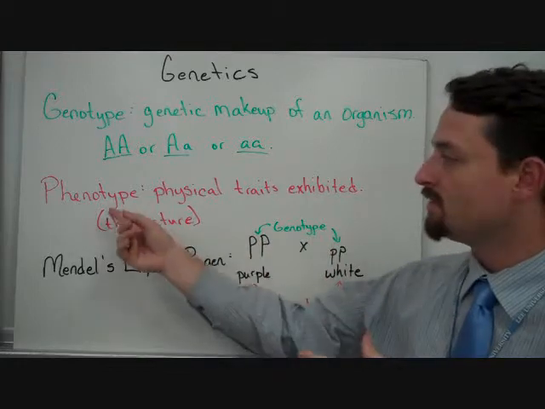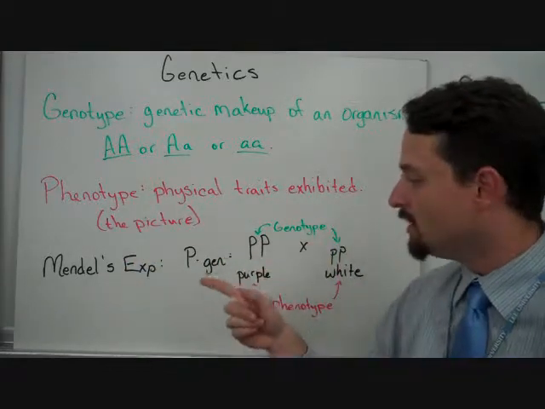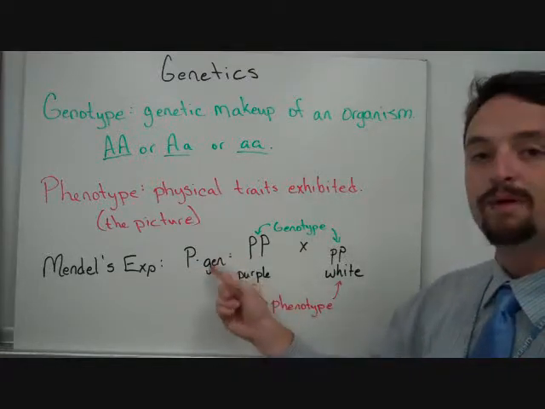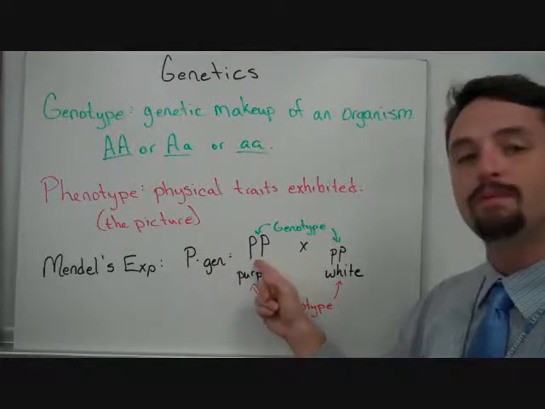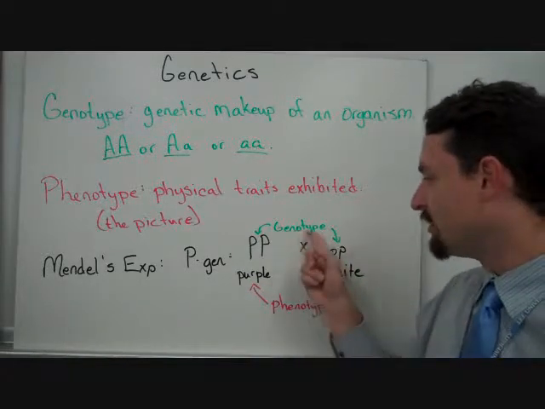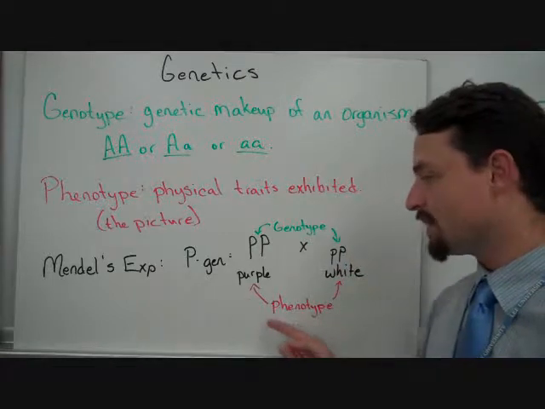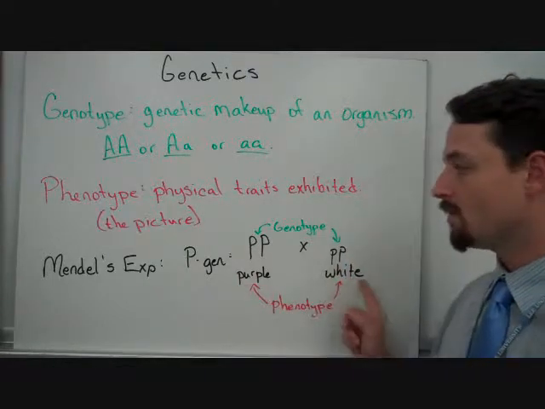Another way to look at that is the phenotype. In a phenotype, that's the physical traits exhibited or the picture. So in Mendel's experiment, in his P generation, remember we said that would be big P, or purple, little p, or white. The genotype is the big P or the little p. The phenotype is the purple or the white.